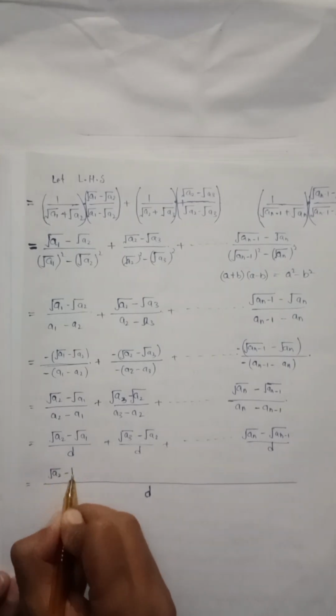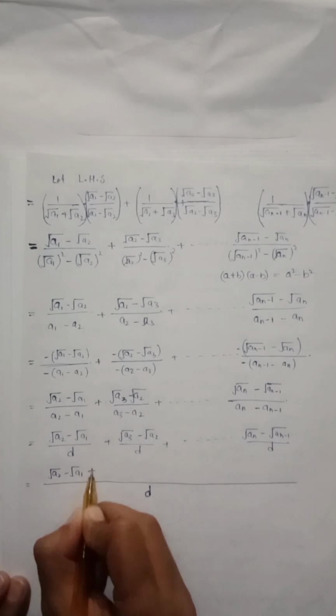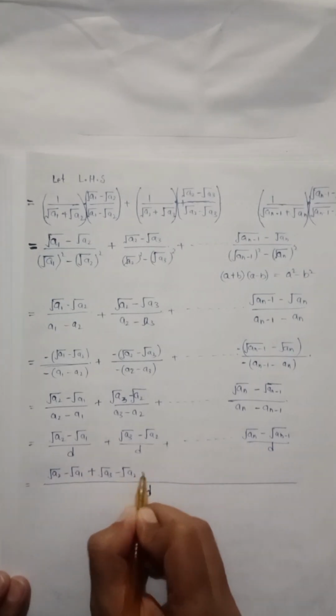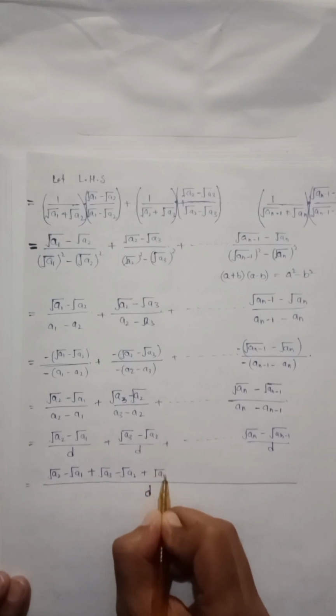Now we have the value of d by our formula: d equals an minus a1 over n minus 1. So put the value of d here.